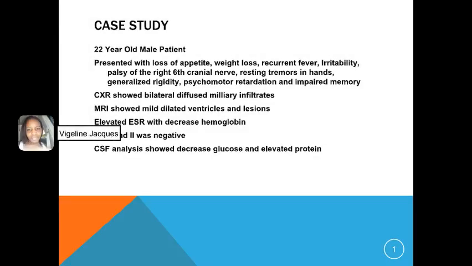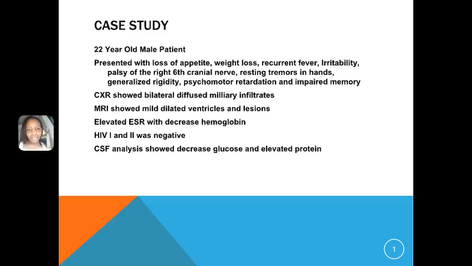This case study is a review article, and the case is of a 22-year-old college student who presented with recurrent fever and loss of appetite. He was found to be irritable, which was stated to have started about 4 days prior to his admission.